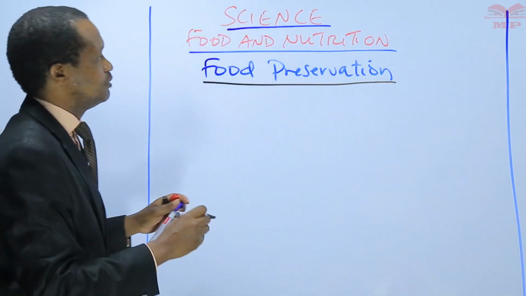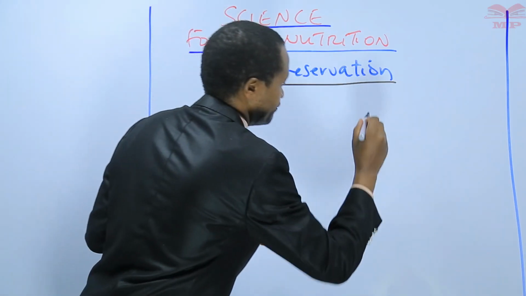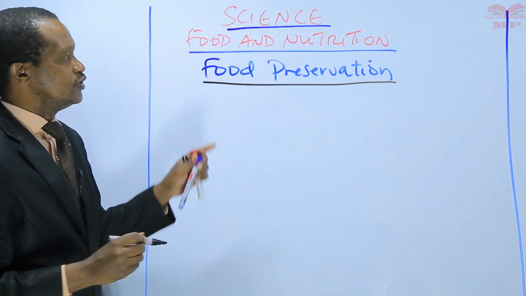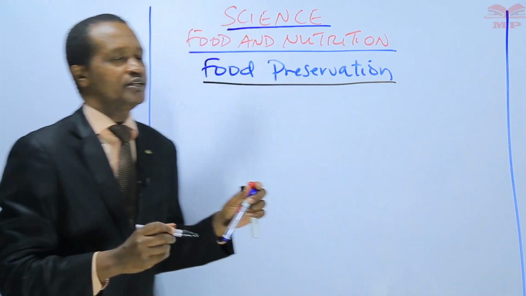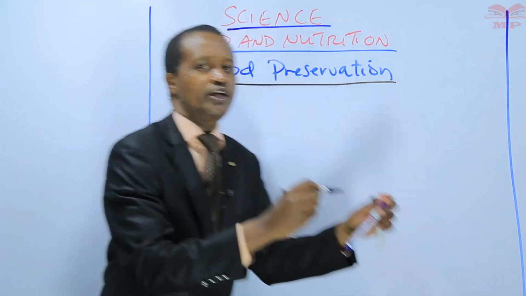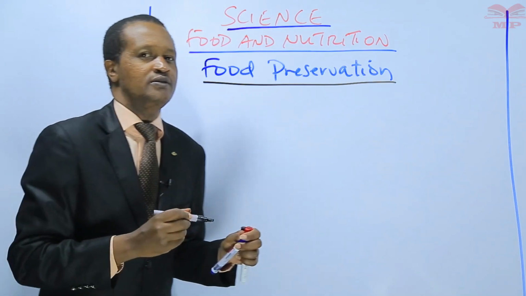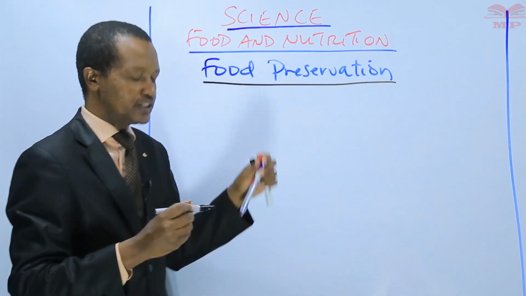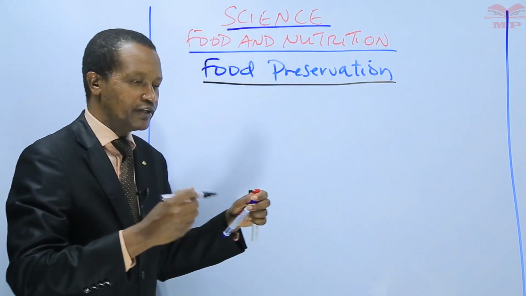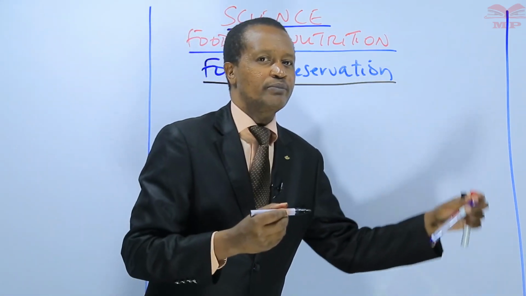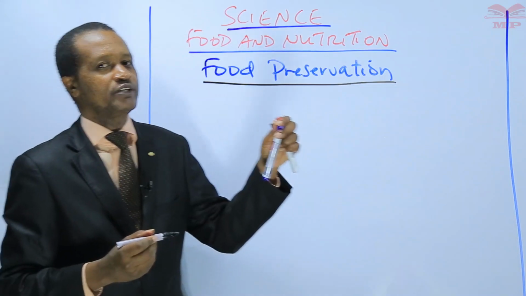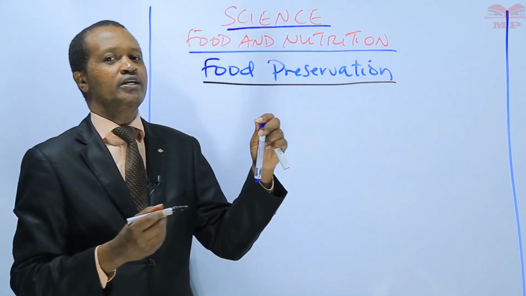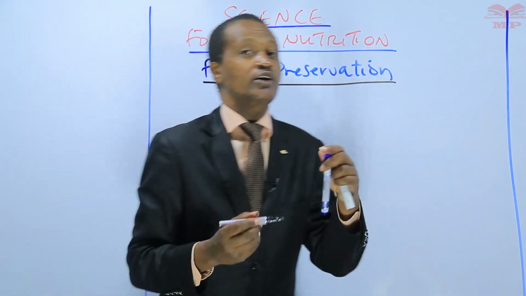So learners, what do we mean by food preservation? Food preservation is simply preventing food from going bad. Now, to prevent food from going bad, we have to take good care of it.